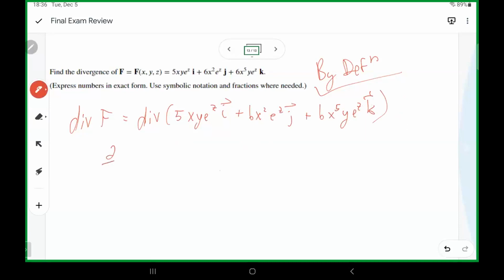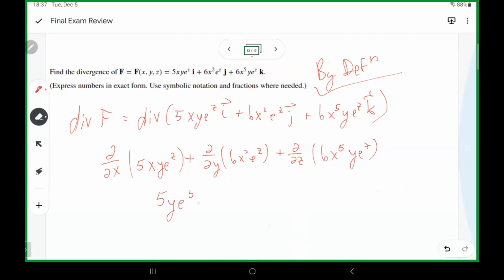Okay, so that gives us 5y e to the z plus 0 plus 6x to the fifth y e to the z.